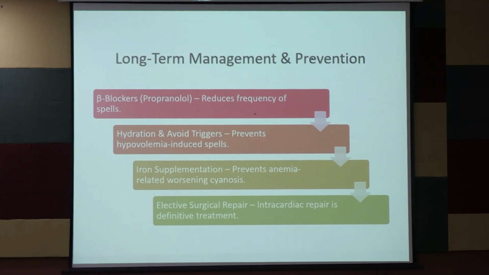How do you manage the cyanotic spell? The most important management is rest to the child, knee chest position, oxygenation, IV fluid, and bicarbonate solution to treat the acidosis, sedation by morphine.